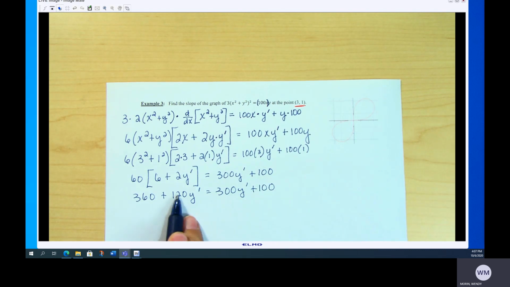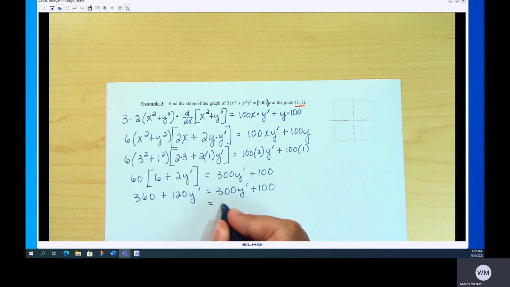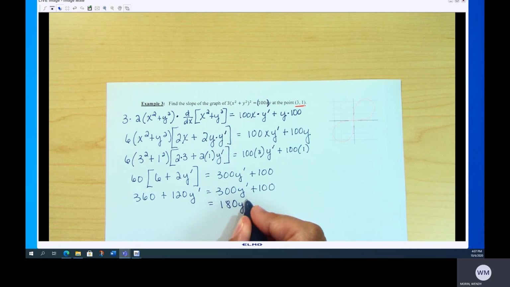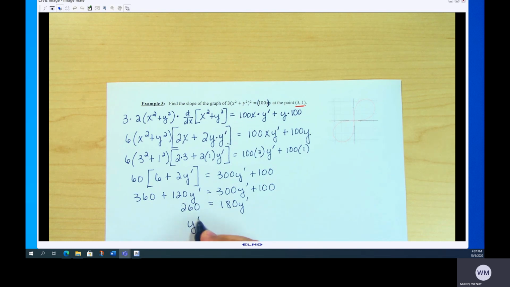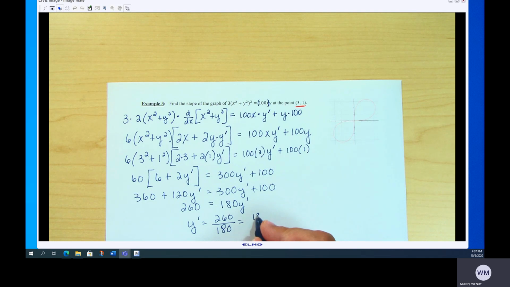I'm going to move these y primes over here. That's going to give me 180 y prime because I'm going to subtract 100 from both sides. I get 260, so y prime is 260 divided by 180, cancel the zeros, reduce 26 over 18, and that's 13 over 9.